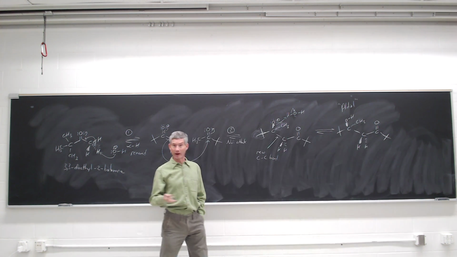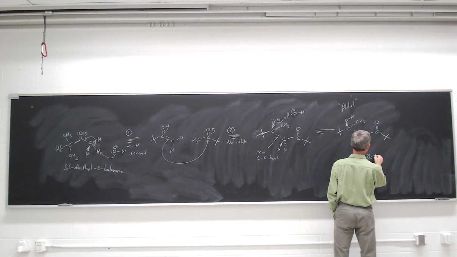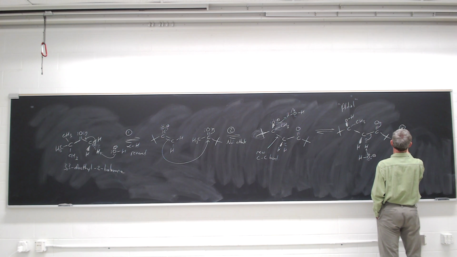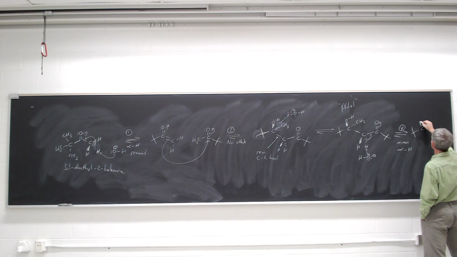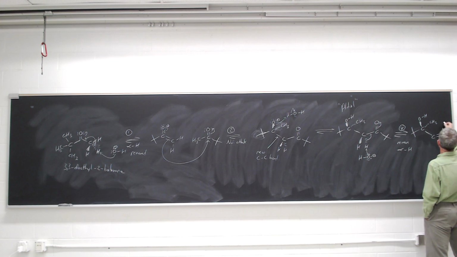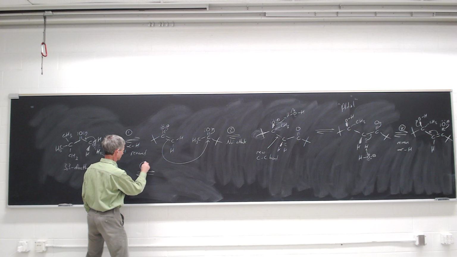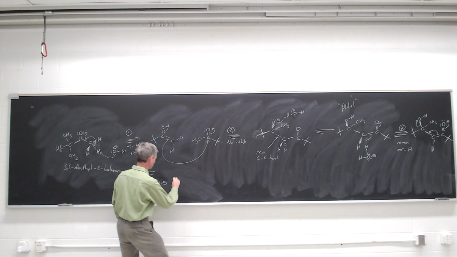And then as long as we have another alpha hydrogen, and we do in this case, we form the enolate and then kick hydroxide out, giving the alpha beta unsaturated carbonyl.